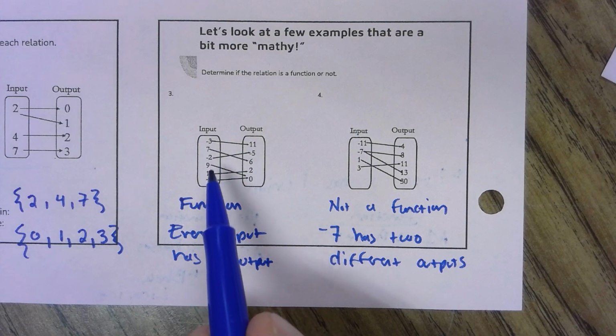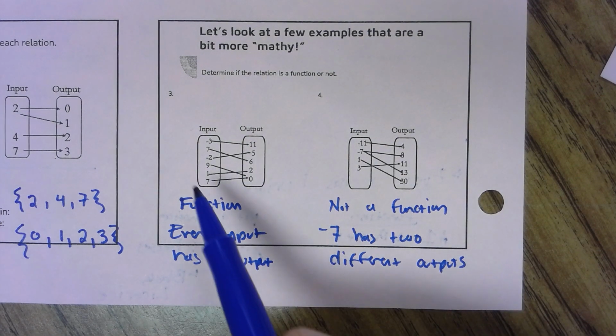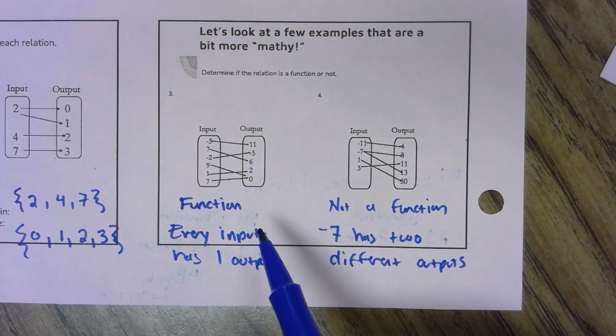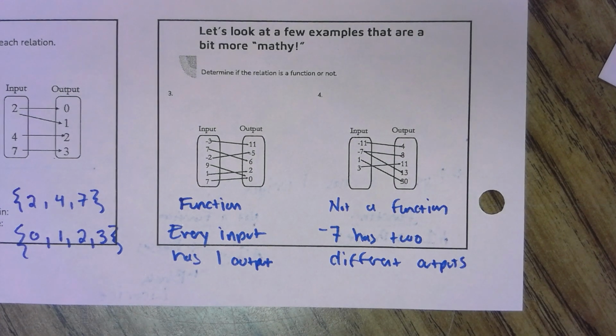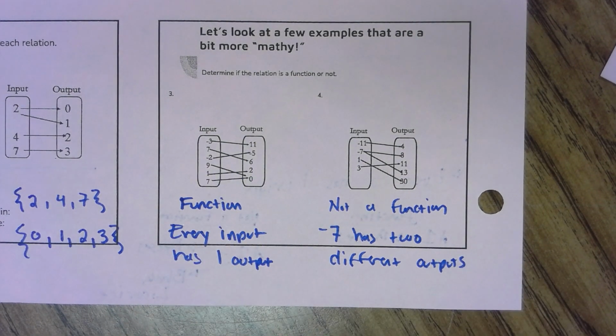So there isn't a single input here that's going to give us 2 different y values or 2 different outputs. If we're, again, back to the vending machine, we know that if we plug in one of these inputs, we're getting the exact same output. We're not going to get the Reese's or sometimes a black licorice. Okay, so this is a function. Again, focus on not only whether or not it's a function, but then the reasoning as well.